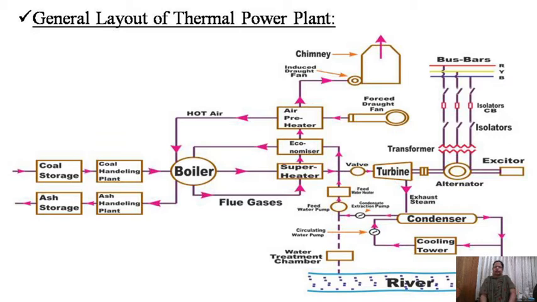And the cooling water system is provided by the condenser cooling water. The exhaust steam from the turbine is passed on to the condenser where it is condensed and again passed on to the cooling tower for reuse.